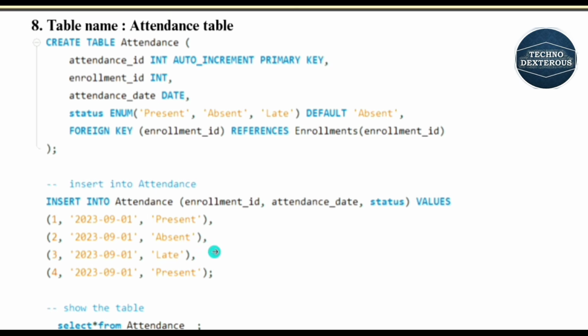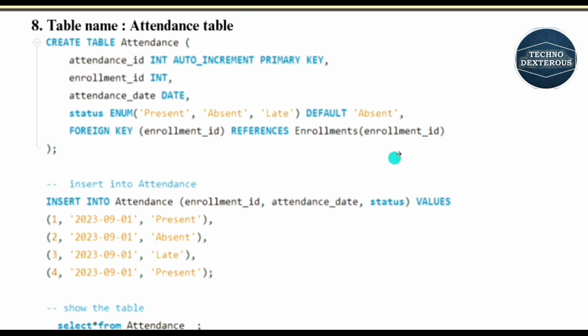Our next table is the attendance table. Here we create a table named attendance, with attendance ID which is auto increment and integer, enrollment ID, and attendance date. Then the state, which must be present, absent or late. By default, when we do not fill in the value, it must be absent.